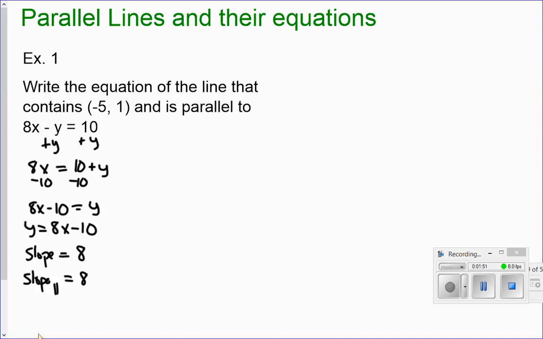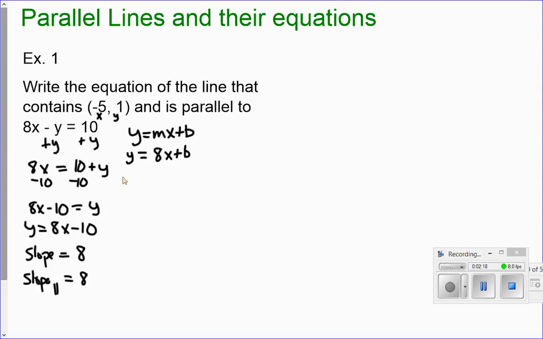So now I'm going to use slope-intercept form of a line, y equals mx plus b, and I'll substitute in the information that I know. So I know the slope that I want is 8. I don't know the y-intercept, so I know y equals 8x plus b. I do know a coordinate though, and coordinate points, remember, are x then y.